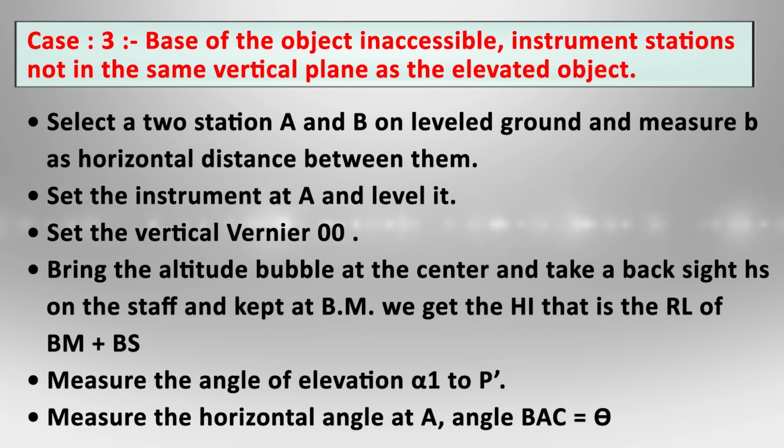We get a value which we will mark as height of instrument is equal to RL of benchmark plus backsight. Measure the angle of elevation alpha 1 from point A towards object P. This angle BA dash we will call alpha 1.